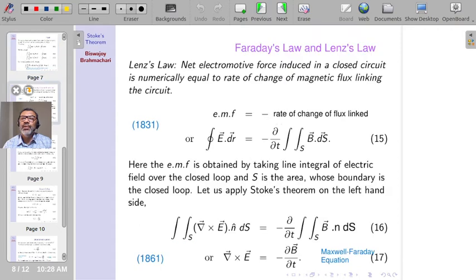First let us consider Faraday's law. Faraday's law gives the rate of change of flux, d/dt of the integral of B dot ds, and relates it with the EMF in the circuit, and this minus sign signifies that the EMF is developed in the direction in which it opposes the change in flux.